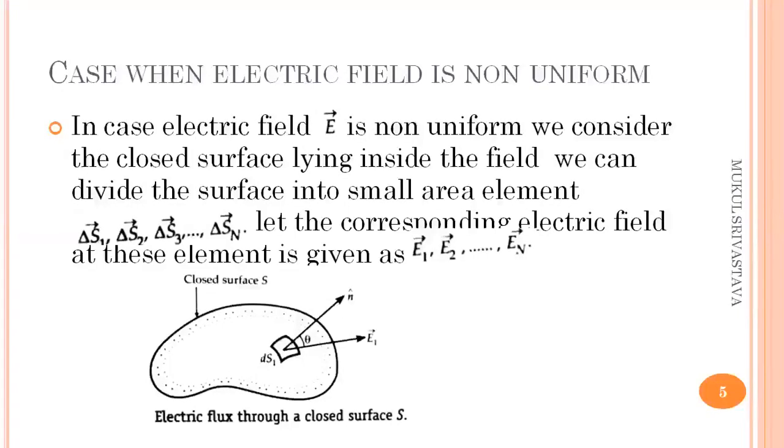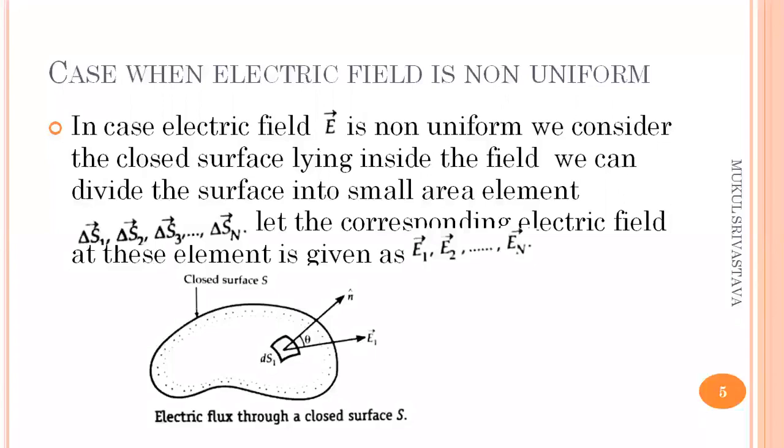Now we are going to find the total electric flux. The total electric flux is phi, and that equals E1 vector dot delta S1 vector plus E2 vector dot delta S2 vector, and so on to En vector dot delta Sn vector.